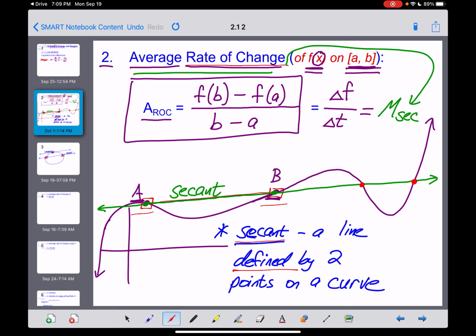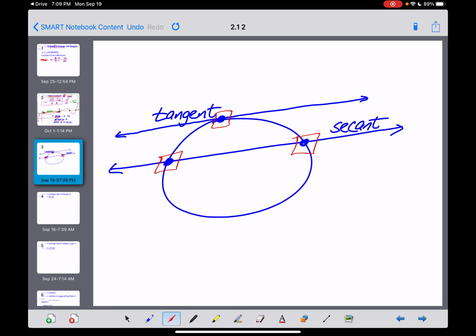I don't really care if it never crosses the curve again or if it crosses it a whole bunch of times. In fact, if you think about the example of a sine or a cosine wave that would look something like this, you could define a secant by this point right here and this point right here. Now there are your 2 points of intersection.